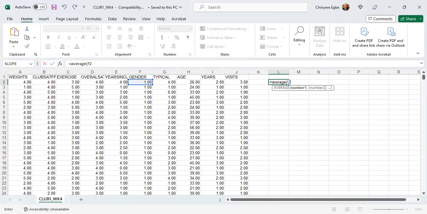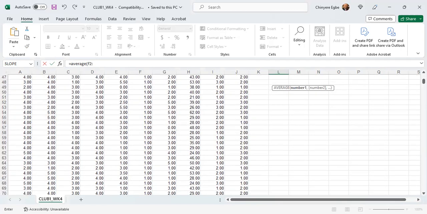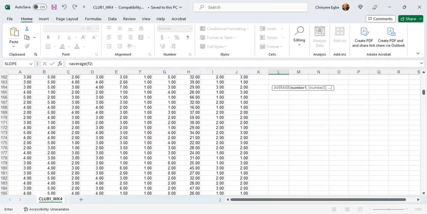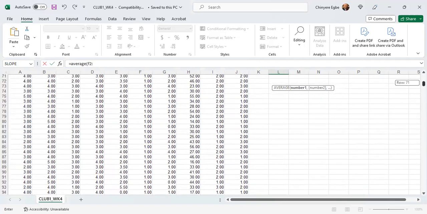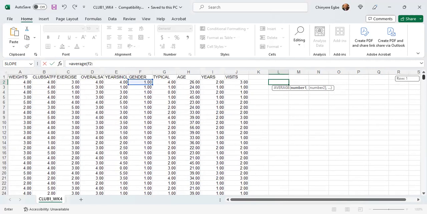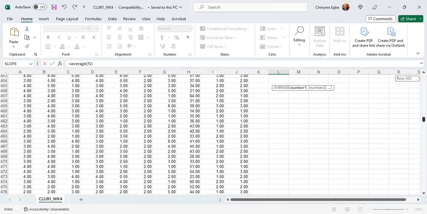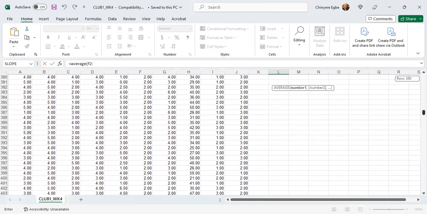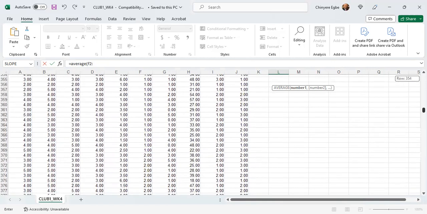The data is like 1,000 and something. Yeah, scroll down. It goes all the way to 1,216. Gender F2 to F369.